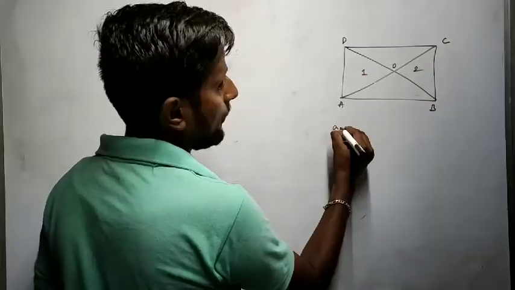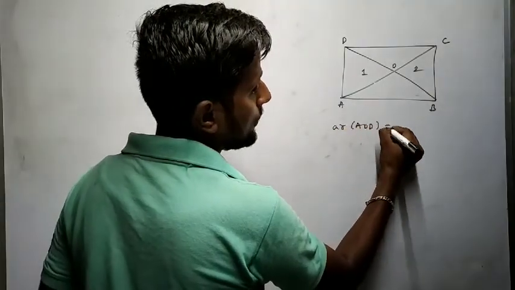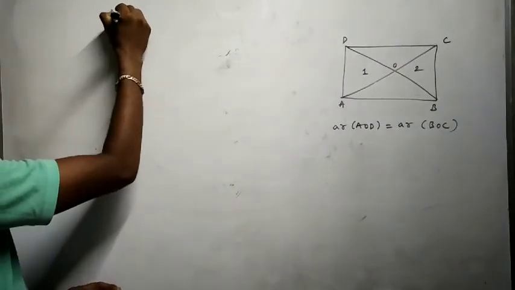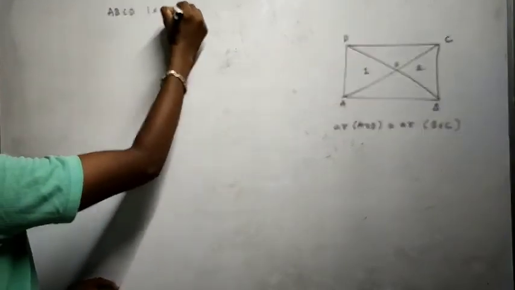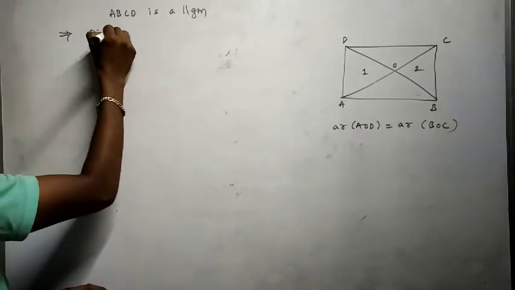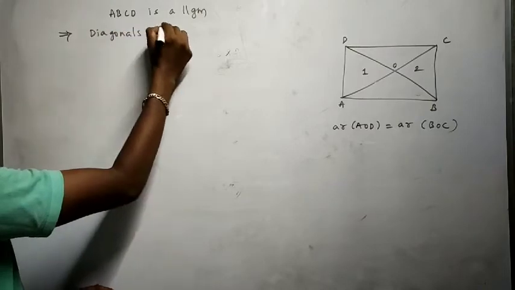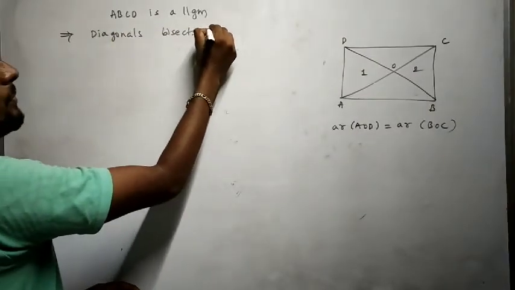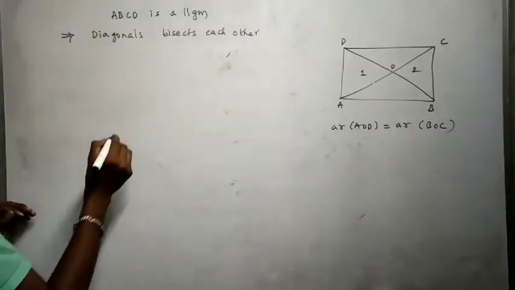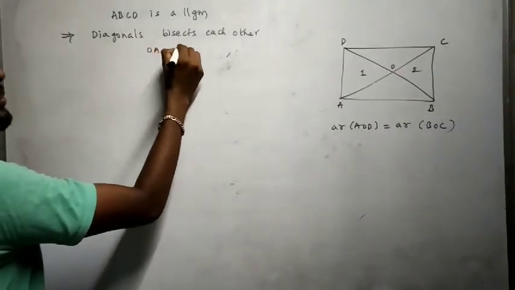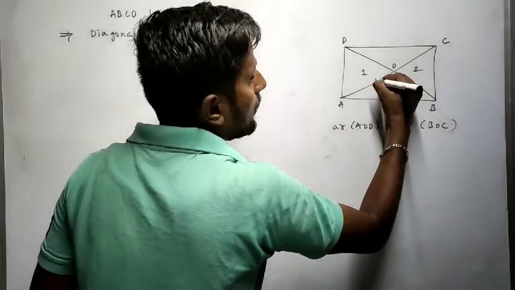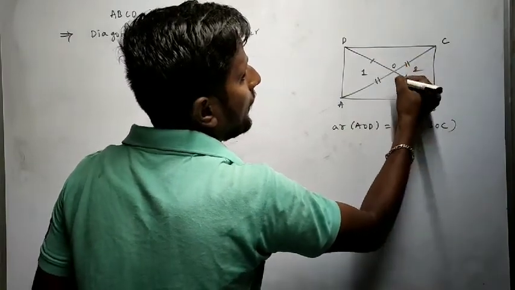Okay. ABCD is a parallelogram. So simple, we'll write: in a parallelogram, diagonals bisect each other. Bisect each other in the sense that OA is equal to OC and OB is equal to OD. That means these two sides are equal, and this one is equal.